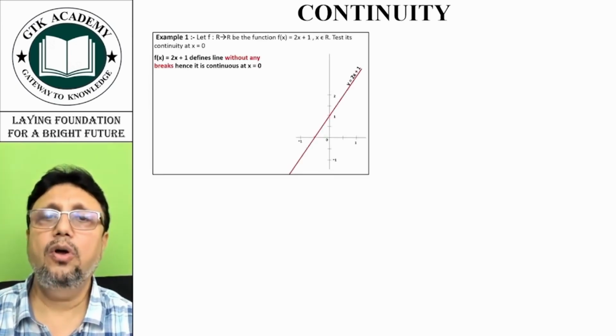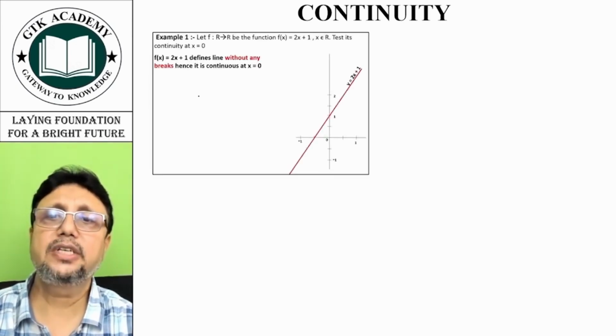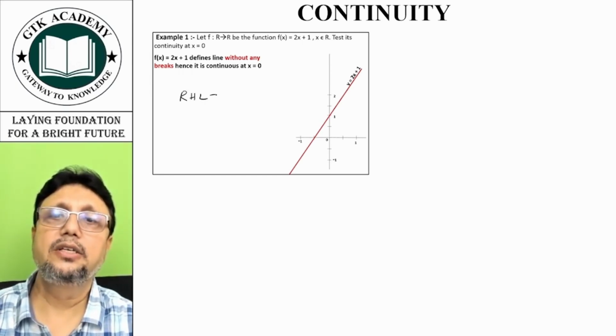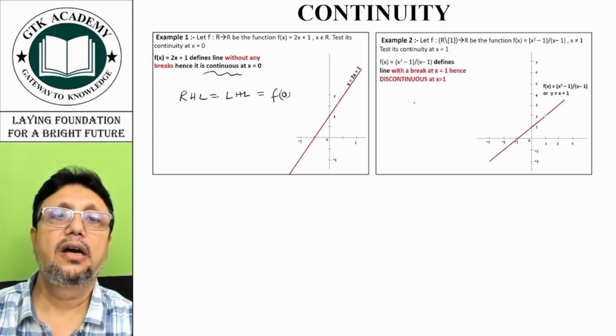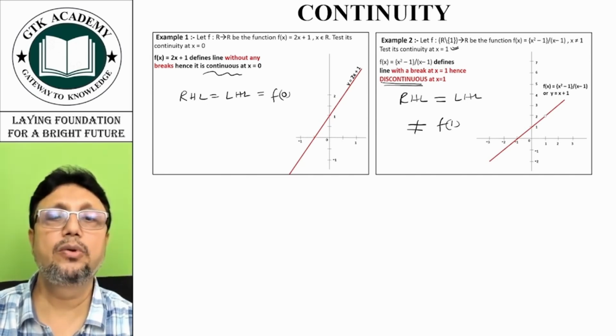So for all these three cases, for the first case we saw that RHL is equal to LHL is equal to F0. So this was a continuous function. And in the second case, RHL was equal to LHL, but this was not equal to F1 because at 1 it was undefined and it was discontinuous.